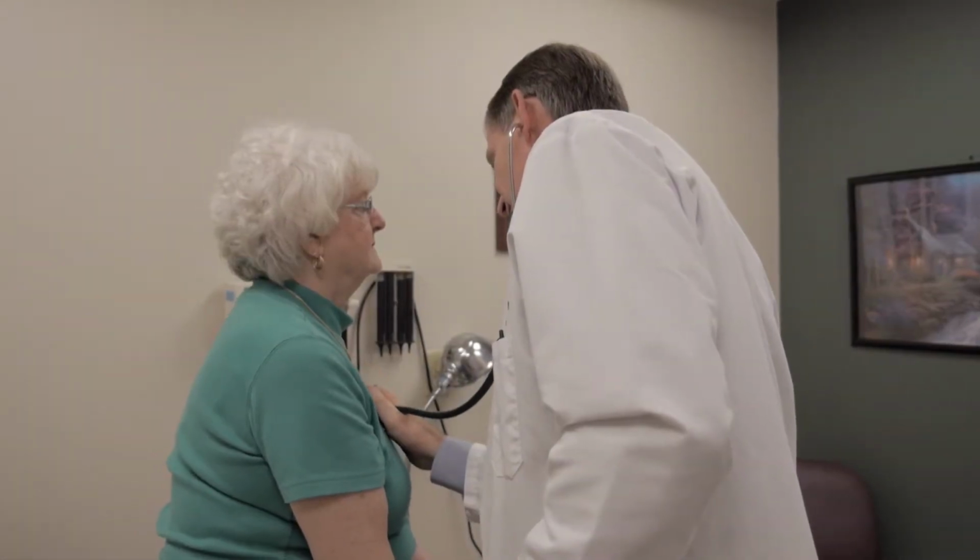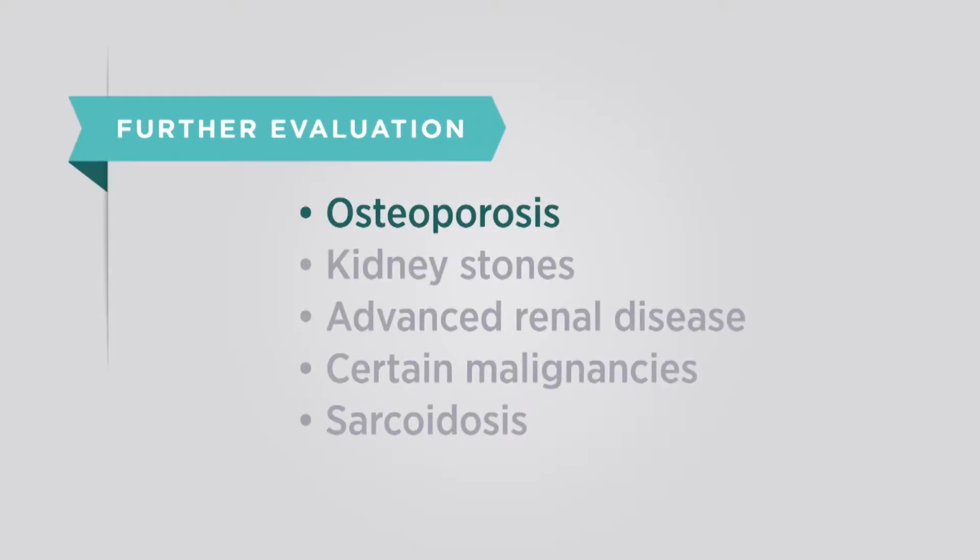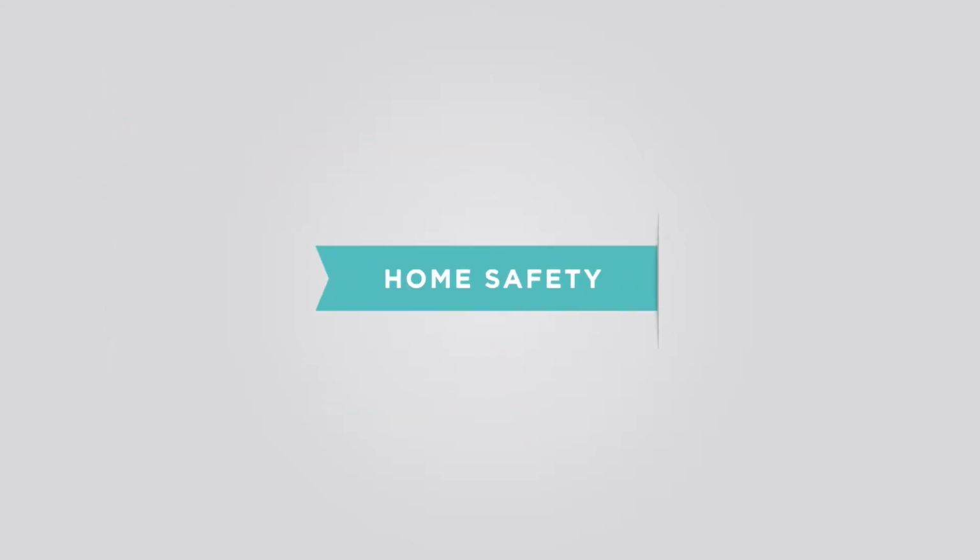Supplements can be recommended without testing vitamin D levels in most patients. Patients that may need further evaluation include those with osteoporosis, kidney stones, advanced renal disease, certain malignancies, or sarcoidosis that can result in hypercalcemia.